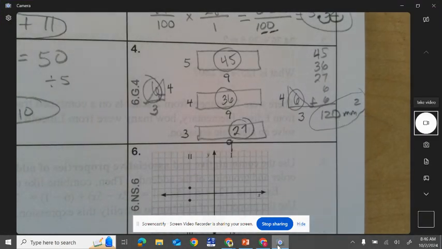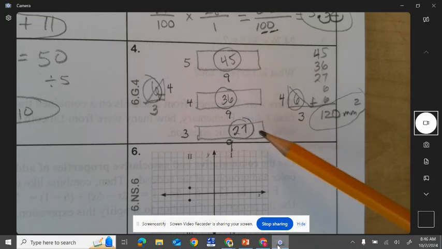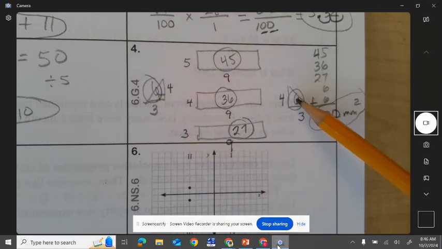So here's the full answer. That area was 45, this area was 36, this area is 27, this area is 6, this area was 6. Add all the areas together, the answer is 120 millimeters squared.